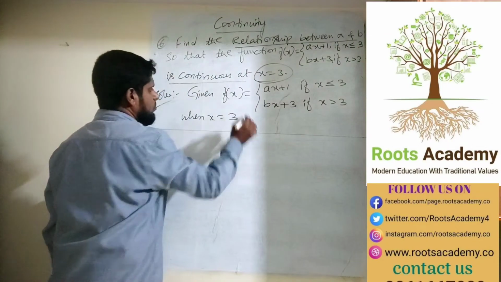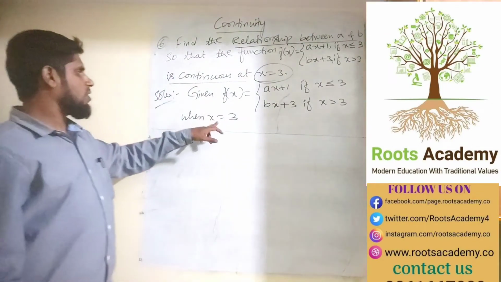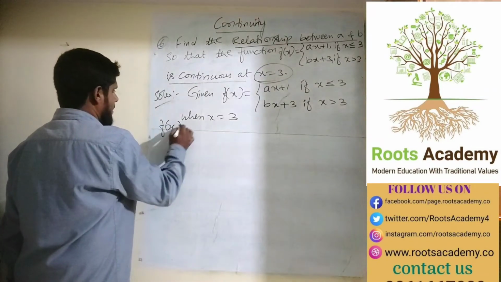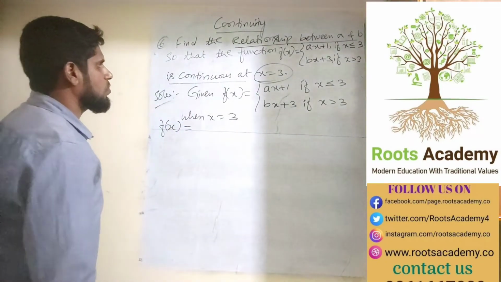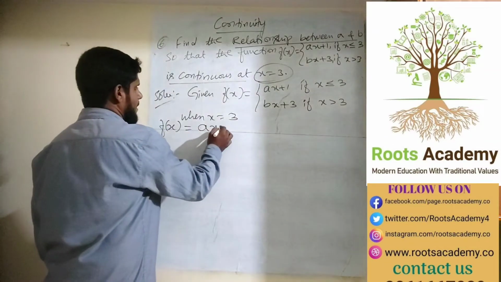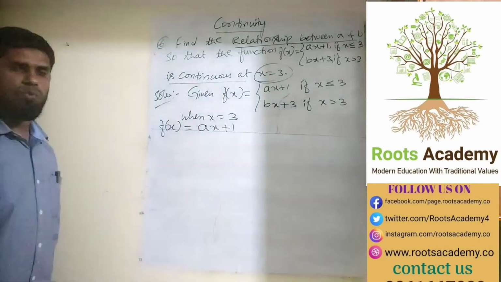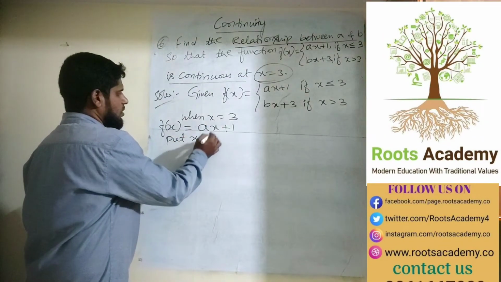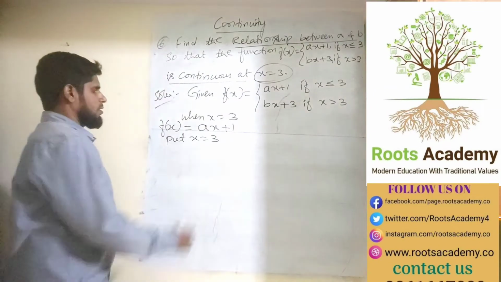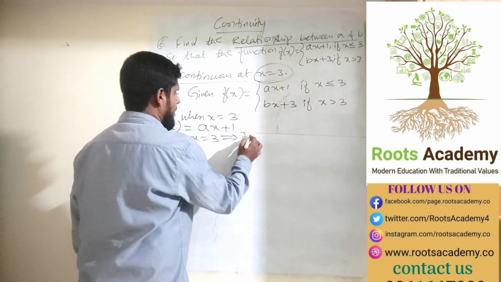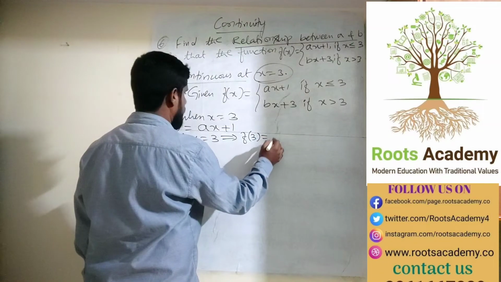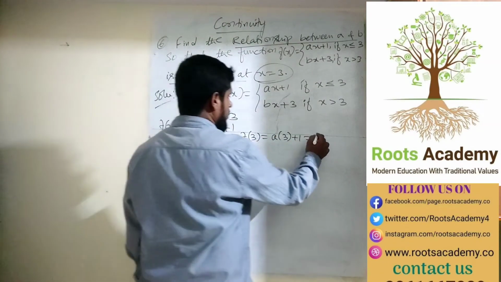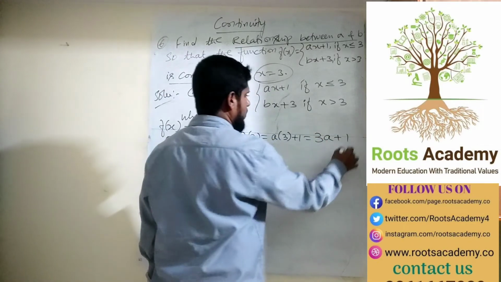When x equals 3, when I say the value of x is 3, then the function will be f of x equals ax plus 1. Now put x equals 3. That implies f of 3 equals a into 3 plus 1, that is 3a plus 1.